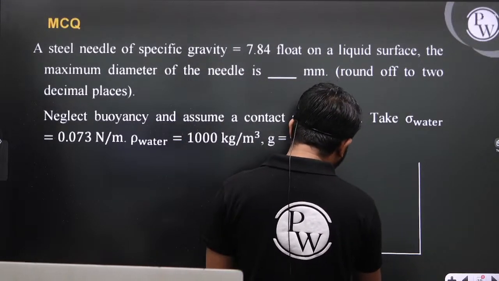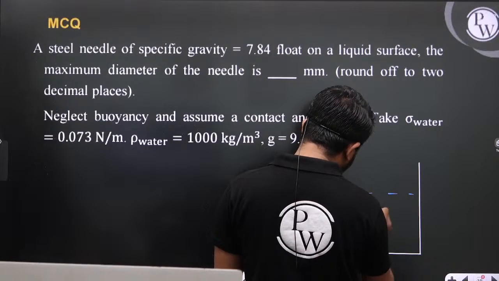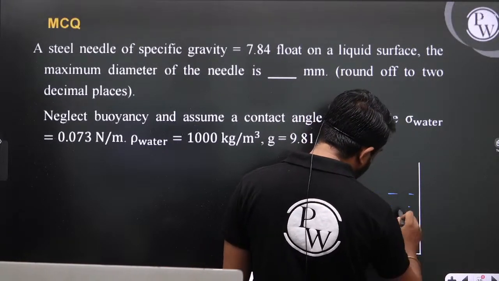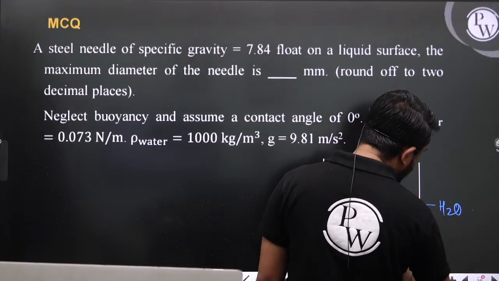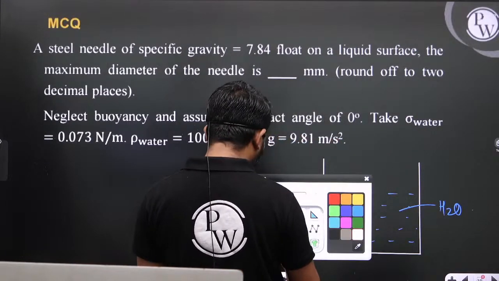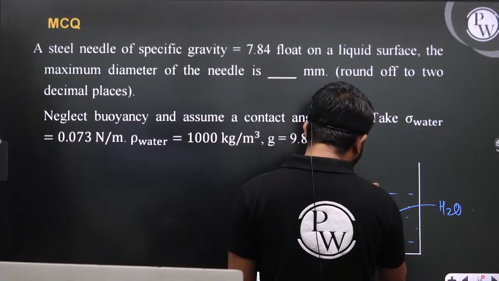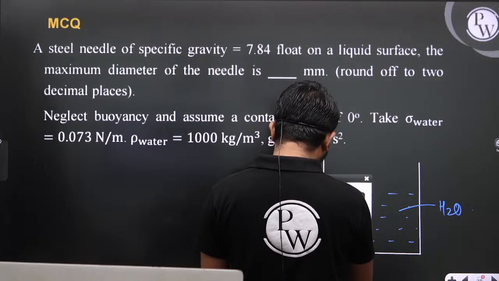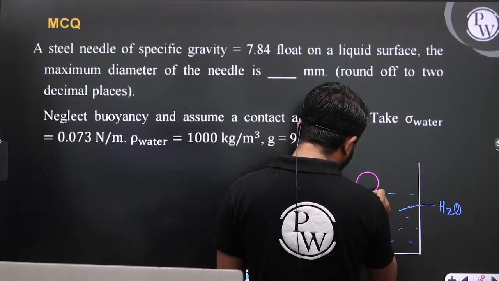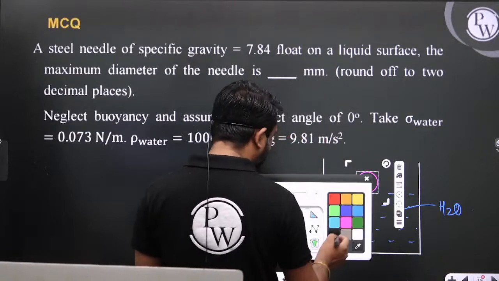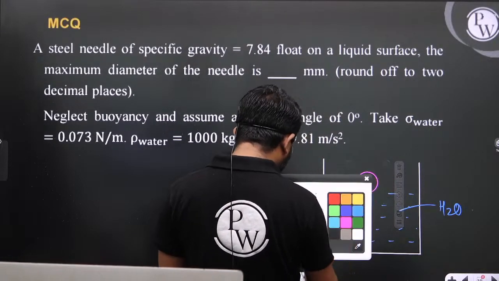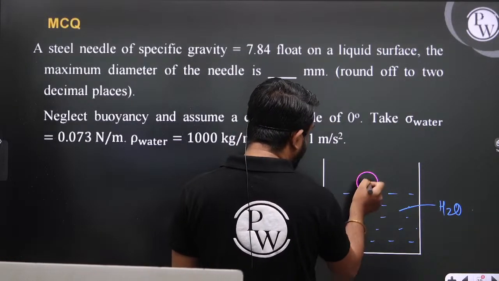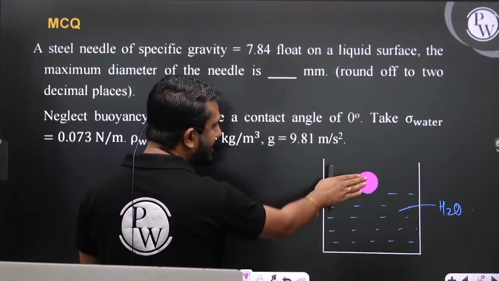So let us consider a beaker having water. This is the water. Now in this water, a needle is floating. If you see from the front, this is the needle and this is the water.